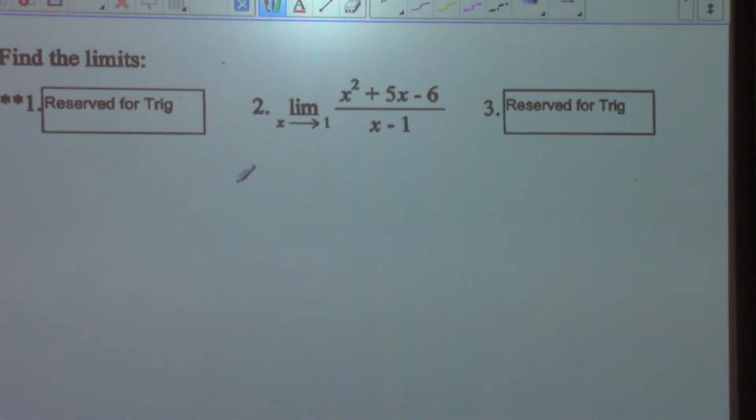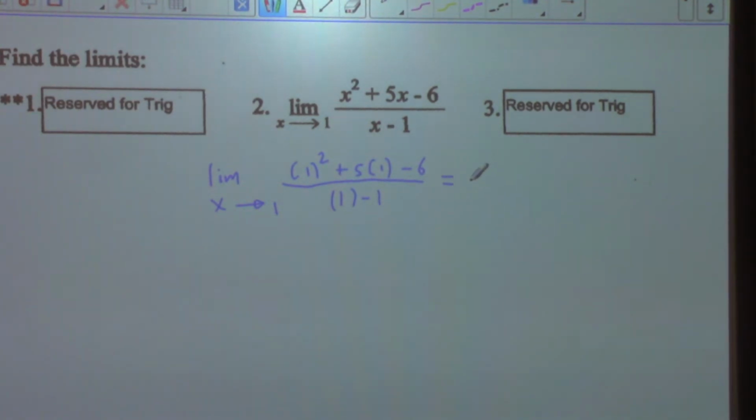Okay, so we'll say limit as x approaches 1 of, we'll just put in 1 squared plus 5 times 1 minus 6 over 1 minus 1.